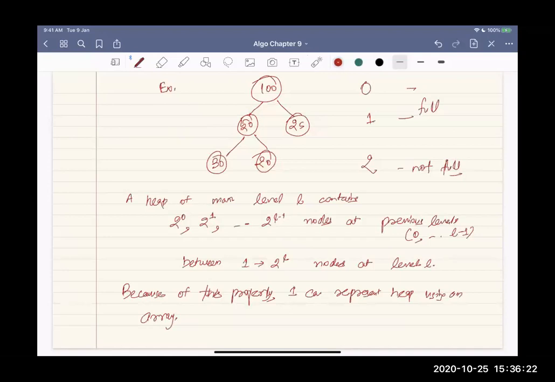What do I mean by that? I fill the nodes from top to bottom, and at each level, left to right.